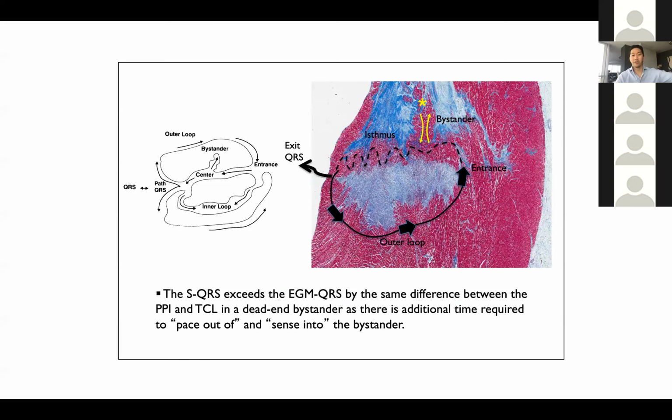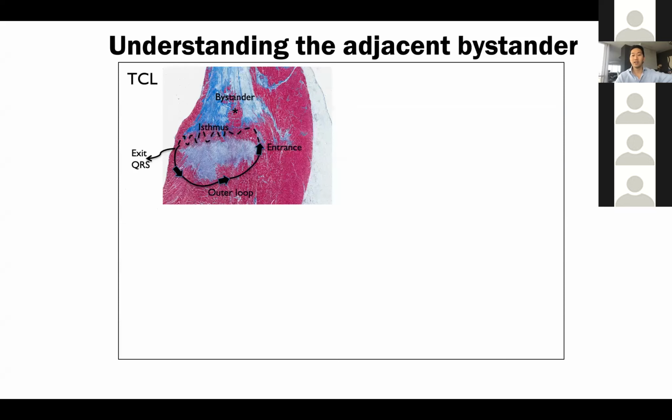Well, here's the algebra. Here is pacing from within a blind loop. You need to get out of the circuit, out of the bystander to the racetrack, go around once and come back in. That's why that PPI is long. Let's look at them individually. One revolution is the tachycardia cycle length.